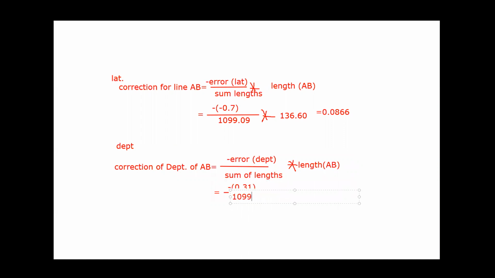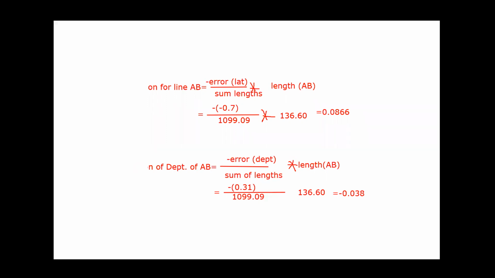So it's 1099.09, and then you multiply this by the length of the line, which is the 136.60, and that should equal your correction here for the departure, which is negative 0.038. That's it. And you do the same thing for the other ones. So hopefully that illustrates the concept here.